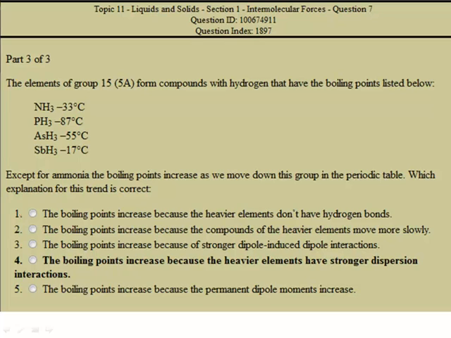So when you come to this, it says except for ammonia, the boiling point increases as we move down the group in the periodic table. Which explanation of this trend is correct? And it is that the boiling point increases when we get to heavier elements because we have a stronger dispersion interaction.